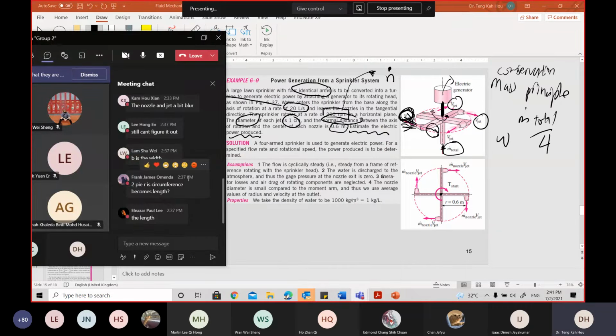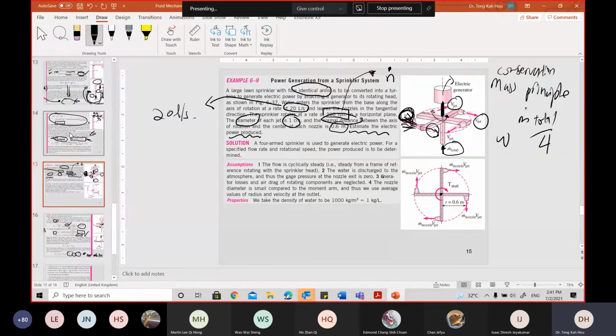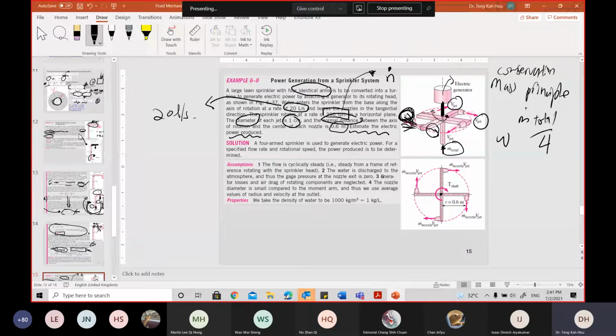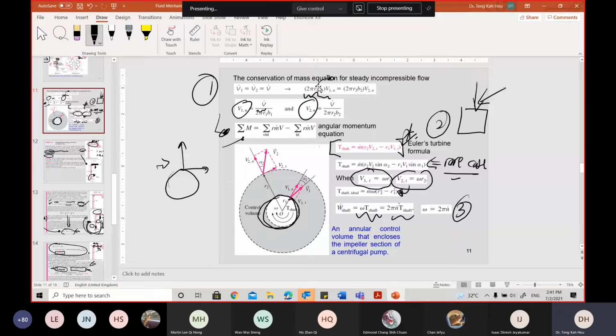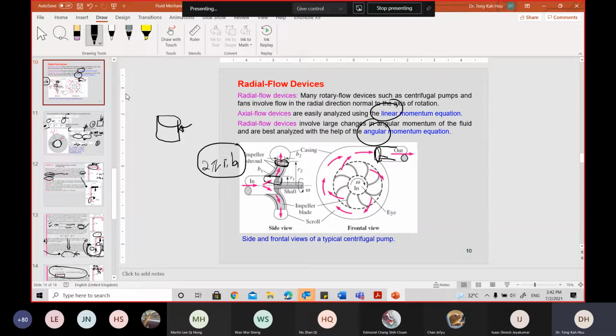2 pi r, the circumference becomes length. No, it's the 2 pi r1 b1, which is the cross-sectional surface of the cylinder. Because for this case it is the radial flow.